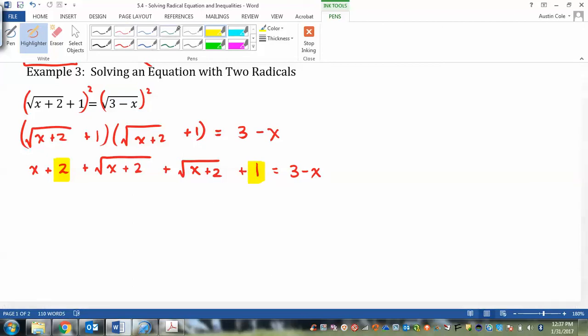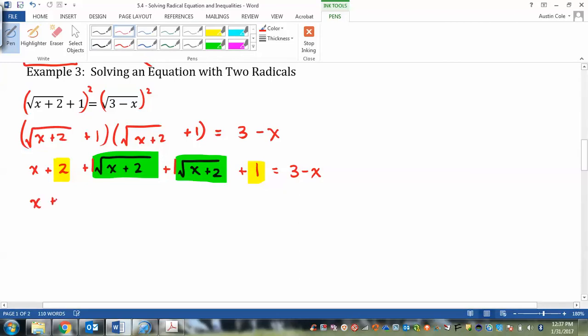Now check this out. Don't I have 1 of those plus 1 of those? Isn't there a 1 in front here? Yeah. So if I have 1 Mountain Dew plus 1 Mountain Dew, I have 2 Mountain Dew. So I'm going to add my 2 and my 1, and I'm going to get x plus 3. And then I'm going to add my Mountain Dews.